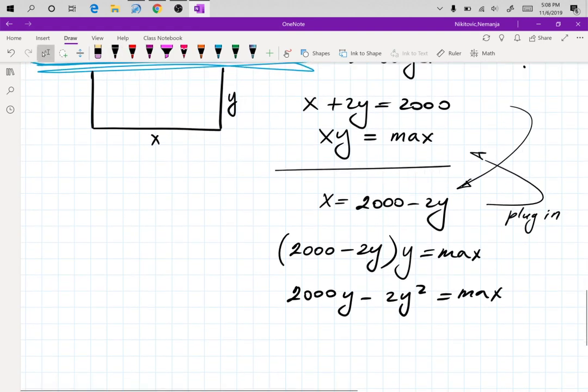As you can see, you have an objective function with only one variable. So you can solve for any of the variables. The question is which one is more convenient.